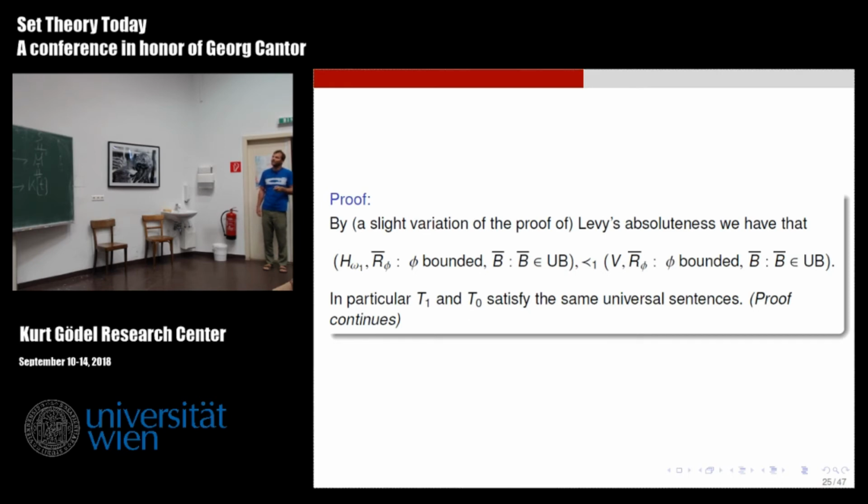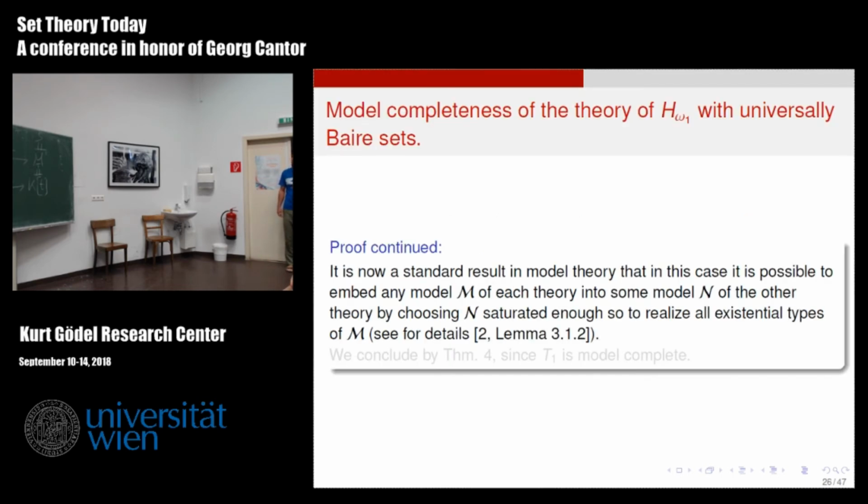The first point is that you still have the Levy absoluteness. It's not hard to check that more or less the same proof works. So they have the same pi1 theory, which is a necessary prerequisite in order to have a model companion. And then if two models satisfy the same pi1 sentences, one can be extended to a structure of the other.